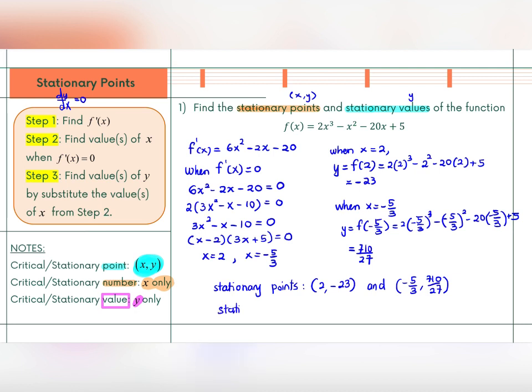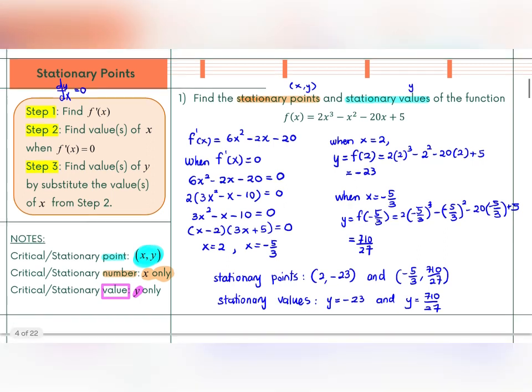Manakala our stationary values is equals to y equals to negative 23 and y equals to 710 over 27. Okay, so dekat sini kamu identify stationary points and stationary values.